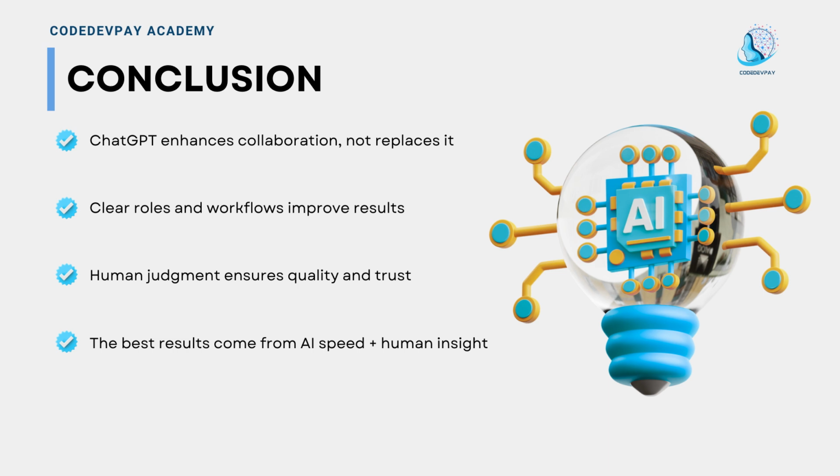That's humans overseeing the work done. So you have to know that when used correctly, ChatGPT becomes a powerful collaborator in modern workflows. Teams that define clear processes, maintain human oversight, and use AI responsibly can work faster, stay consistent, and produce higher quality content.